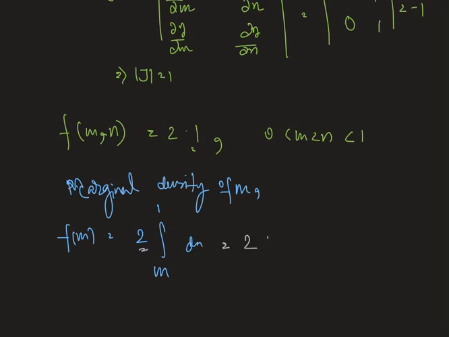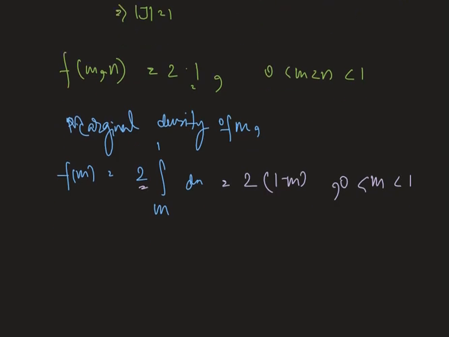So we get 2 into 1 minus m, where the range of m is 0 to 1. Now basically this can be written as 2 into m to the power 1 minus 1, 1 minus m to the power 2 minus 1.